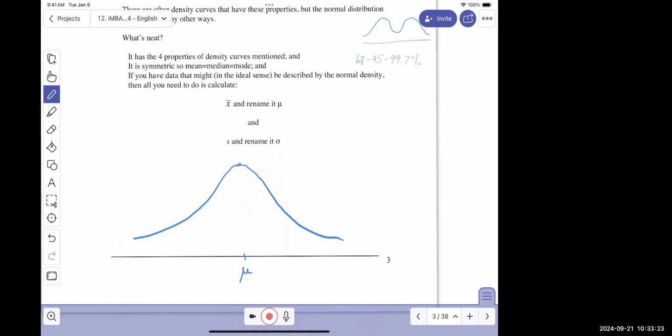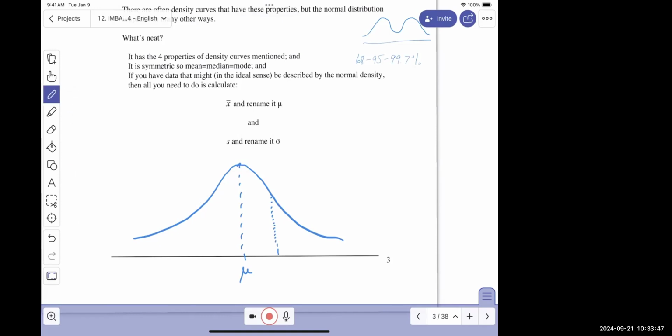Where the curve goes down but then starts to go up, we're going to mark here. So that's the inflection point, where it turns from concave to convex.